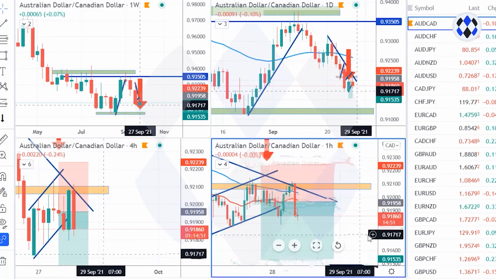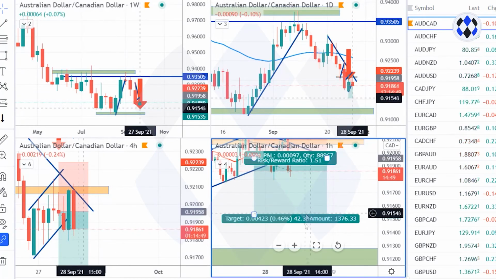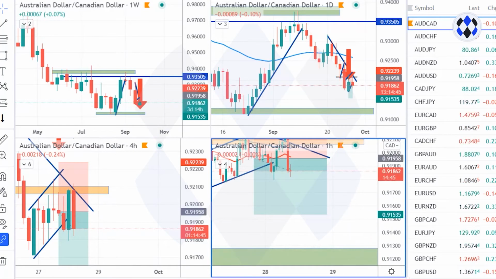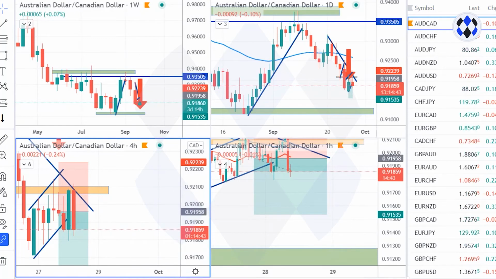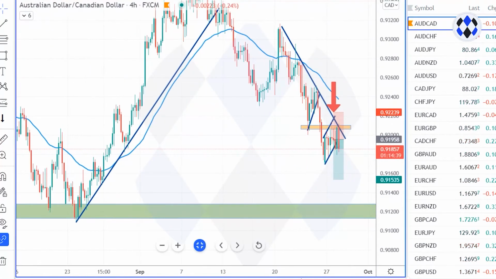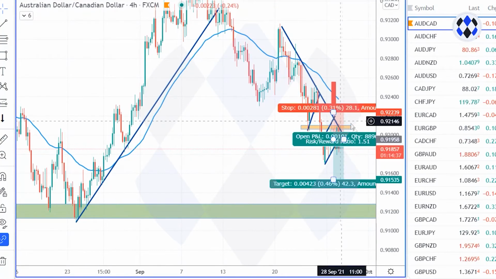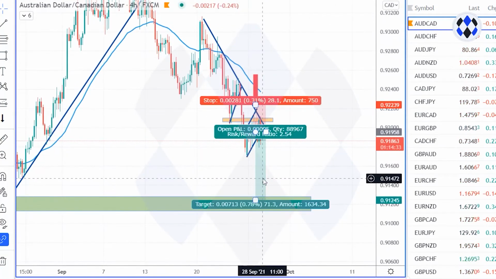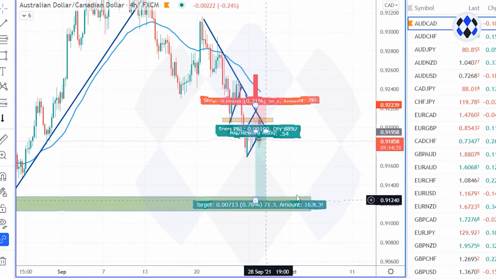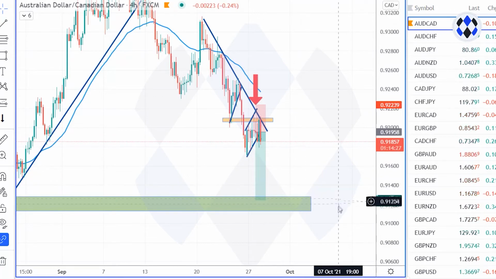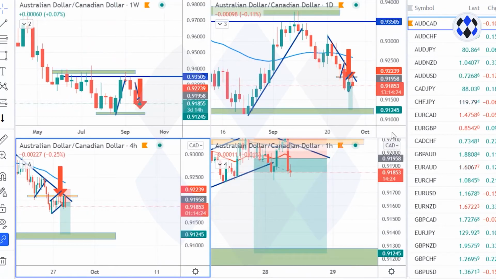But right now this hopefully will be moving down, and I am at least aiming for 1.5 R, but it might be able to go down. Let's just have a quick look at the charts here. We do have a bottom back from here, and this might actually be able to go all the way down here, meaning I can make 2.5 R, so I'm kind of hoping for that. I have my target at 1.5 R here, but I might be moving it at some point.